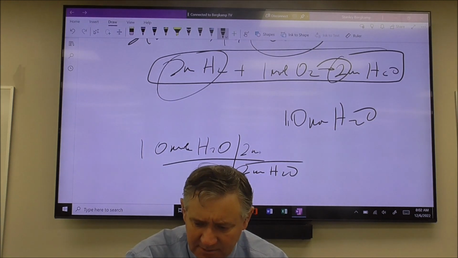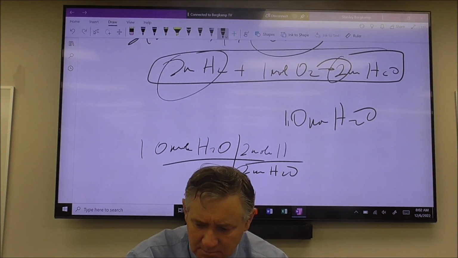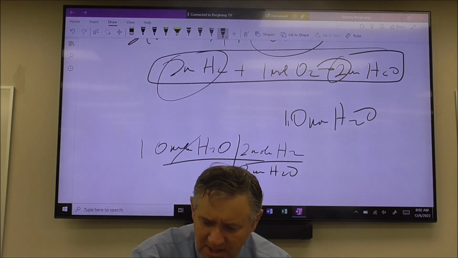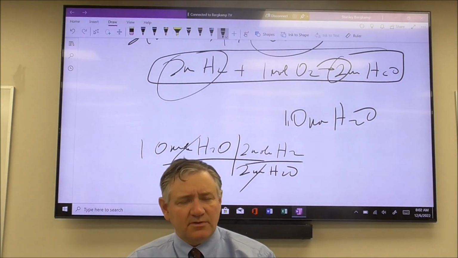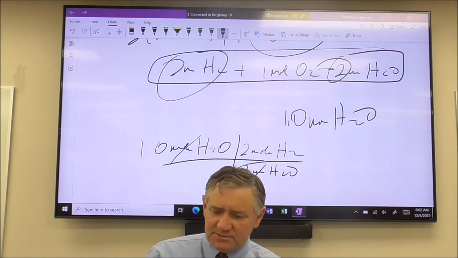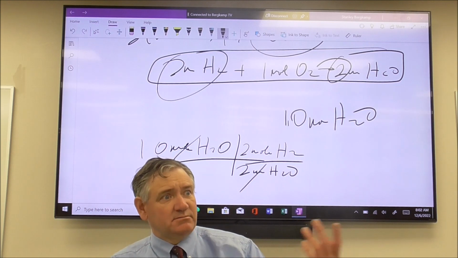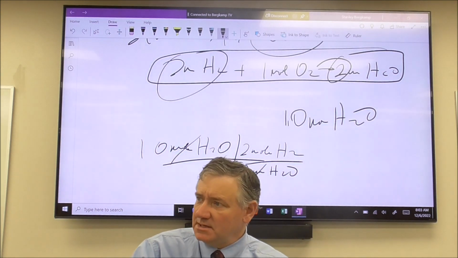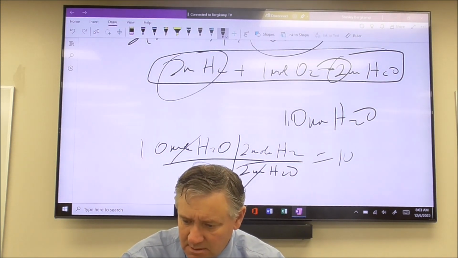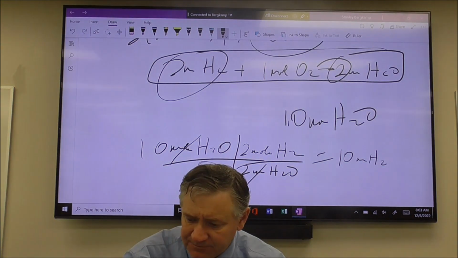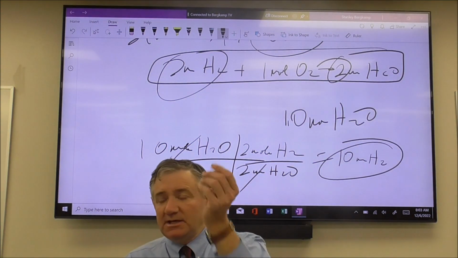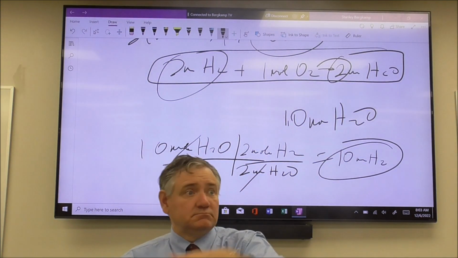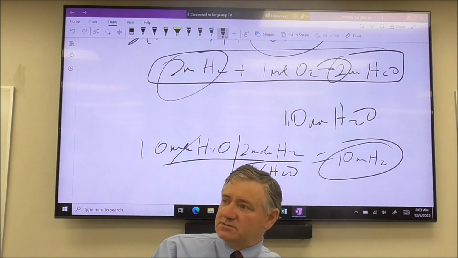In front of the hydrogen, there's a 2. The moles cancel out. What are you left with? Moles of hydrogen. 2 divided by 2 is 1. 1 times 10 is 10. So if I want to make 10 moles of water, I'm going to have 10 moles of hydrogen.